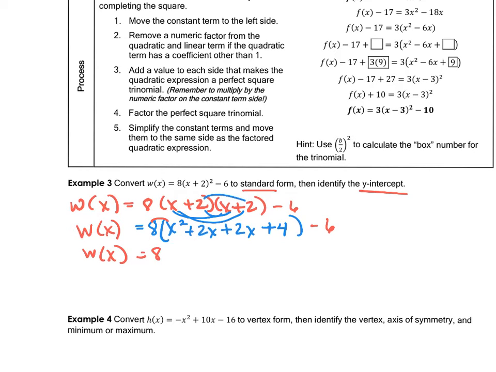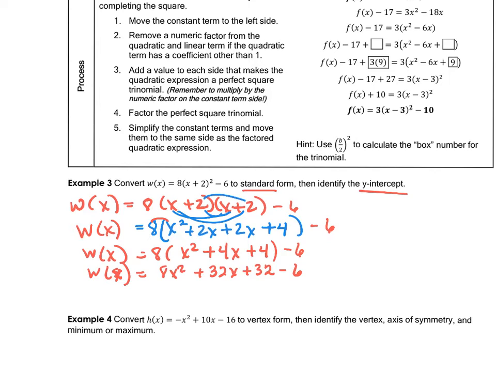So combining like terms, I have x squared plus 4x plus 4 minus 6. So now I'll distribute the 8. So I'll let you do that. Distribute the 8. Get 8x squared plus 32x plus 32 minus 6.